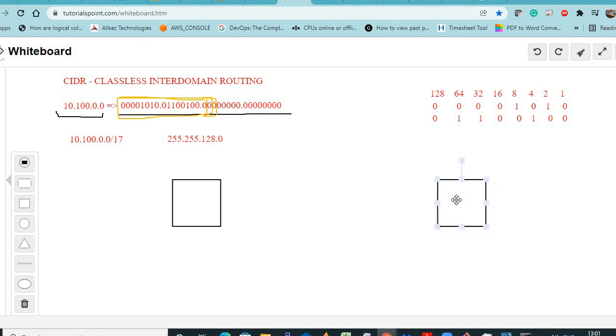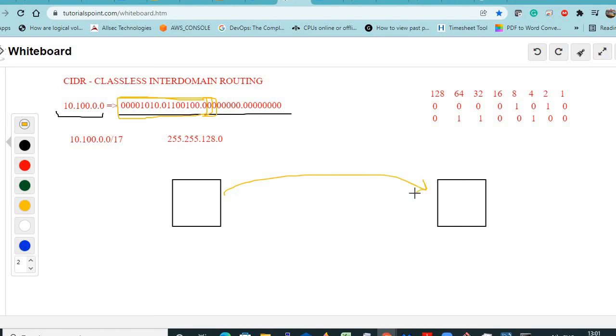Or if you go to any market, there will be someone to address your requirement, right? You ask something and they will give you something. So in a simple analogy, you are a requester and he is a provider. In the computing world also it's the same thing.